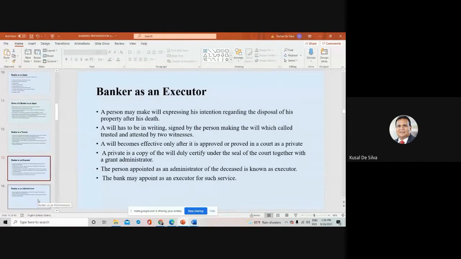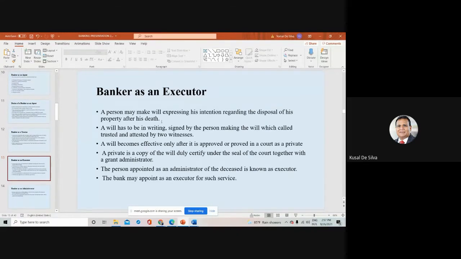The executor has a subtle difference. A person may make a will, that is the last will, expressing his intention regarding the disposal of his property after his death.